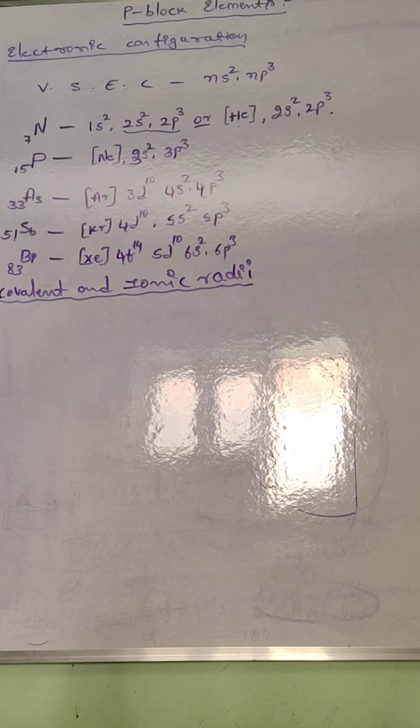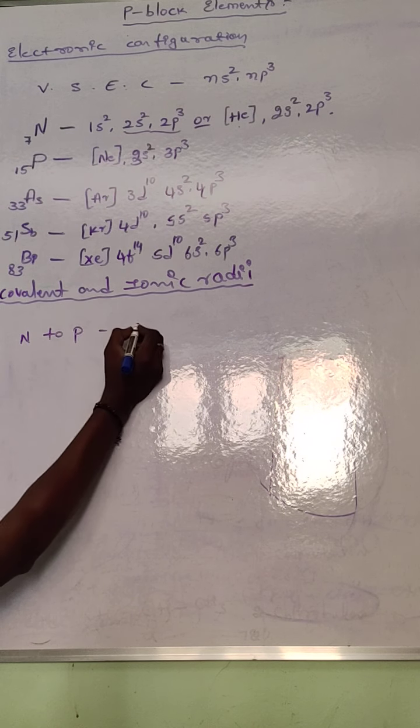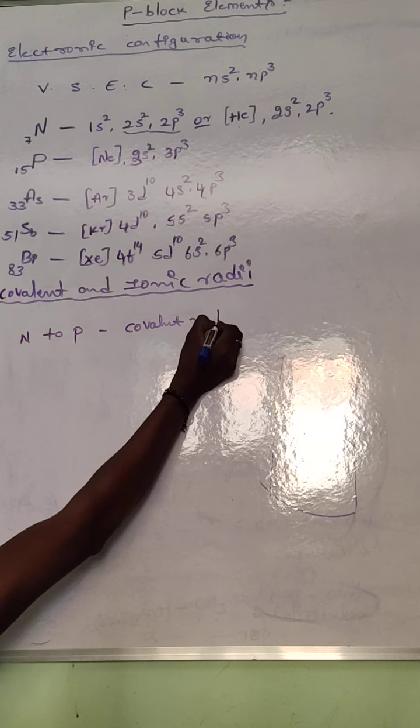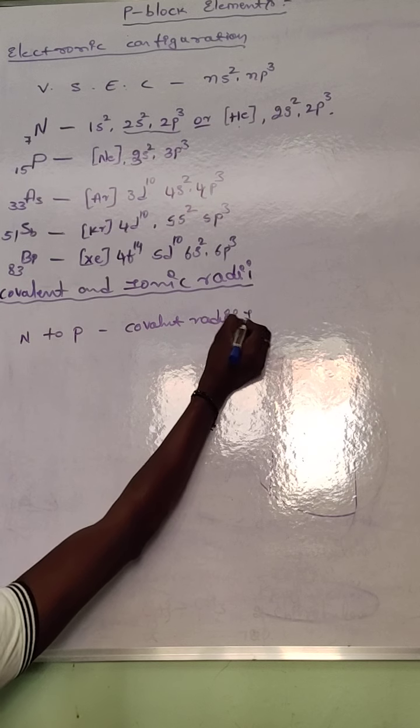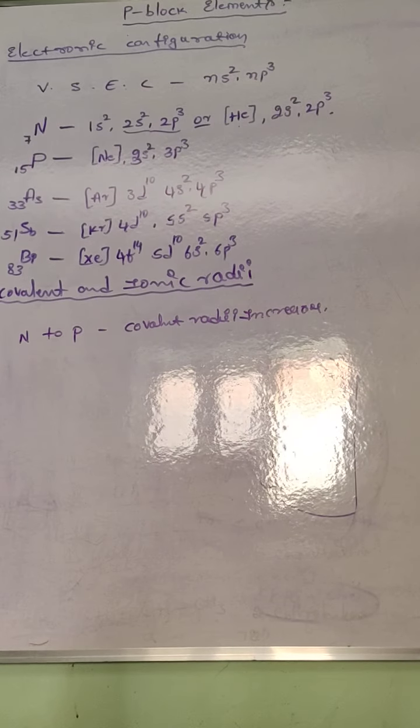With the increase in size down the group, there is a considerable increase in the covalent radii from nitrogen to phosphorus. Covalent radii increases.